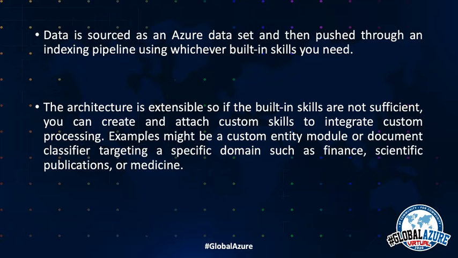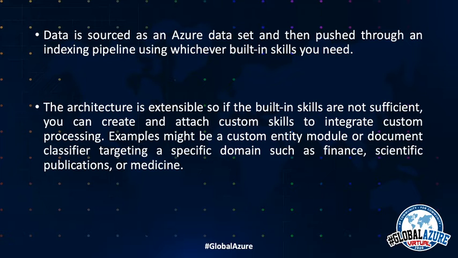The data comes from an Azure data source. The indexing pipeline uses whatever skills you want, and it is extensible, so you can add more skills which are already on the Azure platform, but you can also add your own.